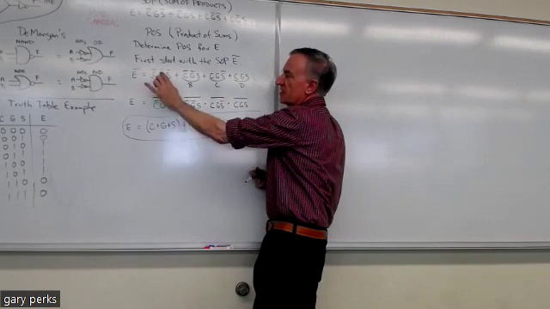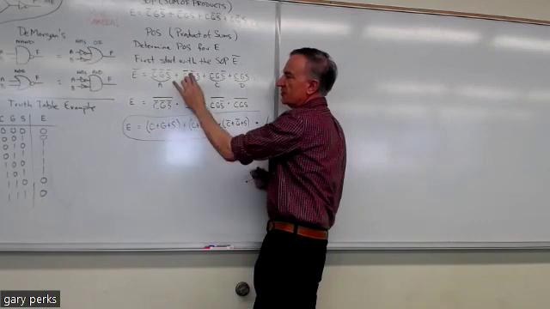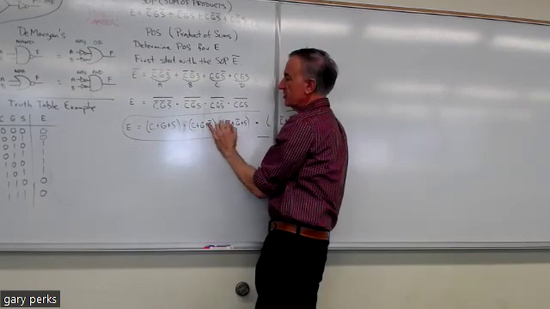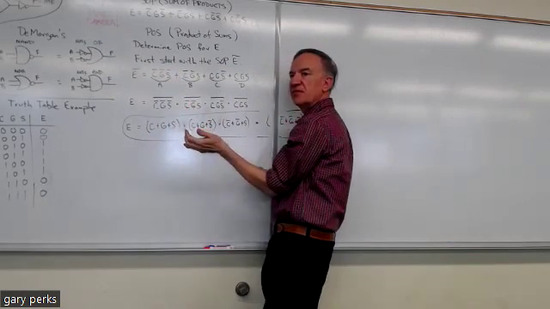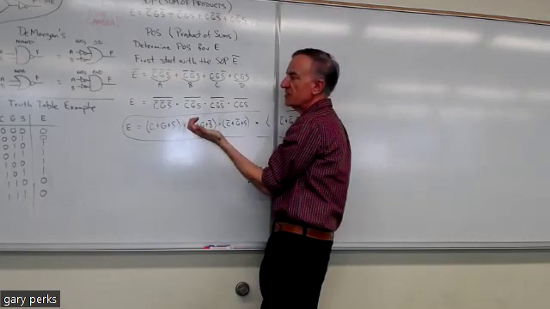We started with not C, not G, not S. We end up with C, G, S. We started with not C, not G, S. We end up with C, G, not S. So you see how all the variables are inverted, and then what else happens?